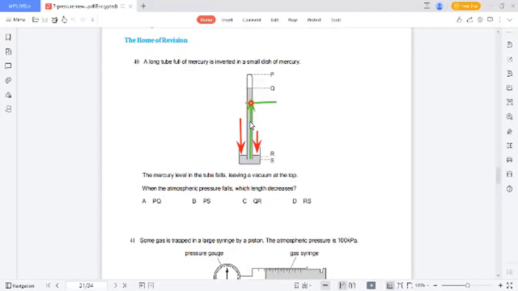Previously the QR height is this one, and after some time, if atmospheric pressure falls, it would come here. So you can see the QR height decreases. So our option is this one.